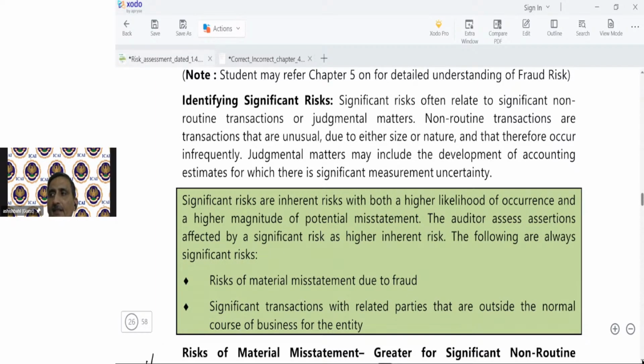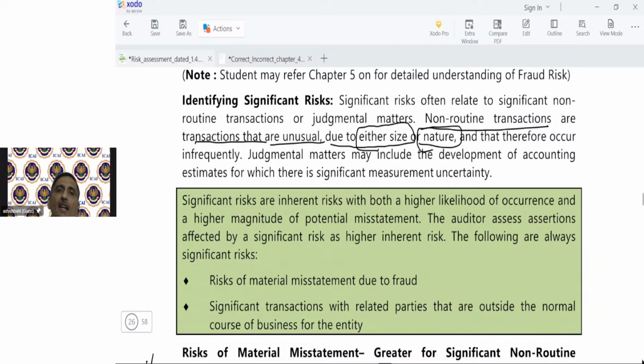Yes, sale of fixed assets, Varsha, you are saying that is correct. So non-routine transactions are those transactions that are unusual due to either size or nature. Either because of their size, these are huge in volume, or nature, like the example Varsha is giving, sale of fixed assets, and therefore they occur infrequently, not on a regular basis.